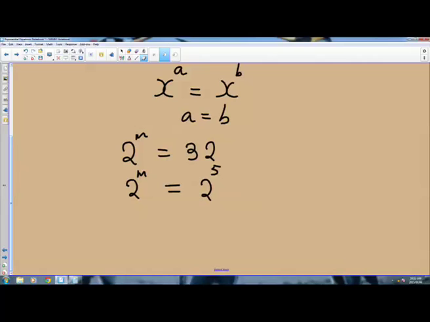What we are simply saying here is 2 equals 2. Now, if 2 equals 2, this means m will be equal to 5. So we have solved for the variable m. Our m is equal to 5.